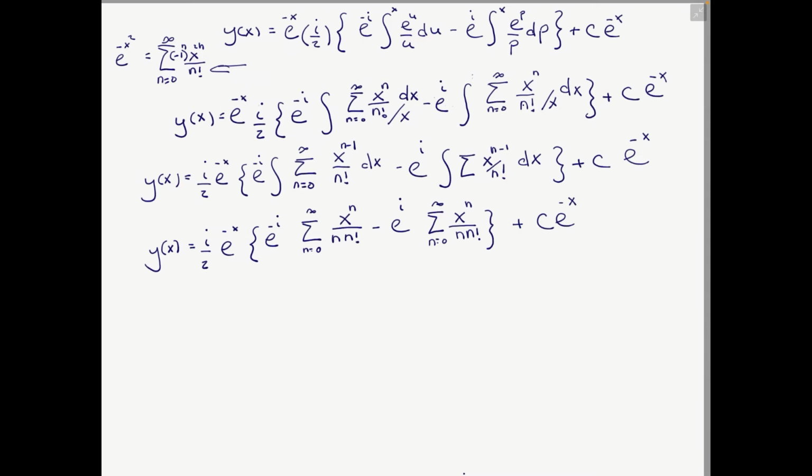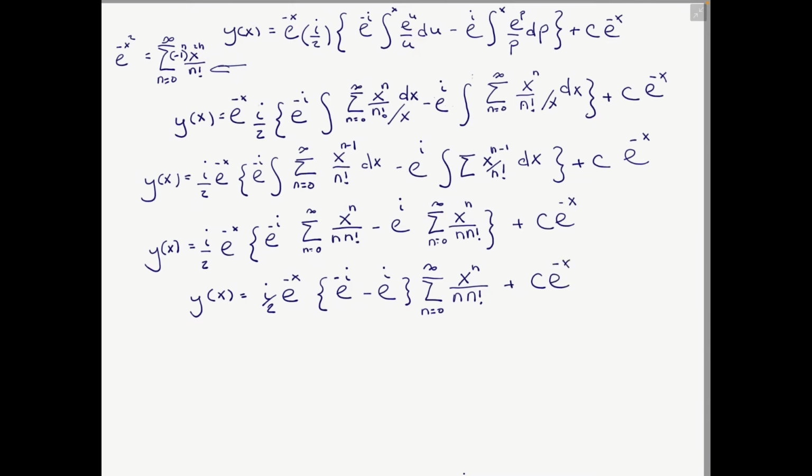We can reduce this down. We can go y of x equals i on 2 e to the minus x, and we can say e to the minus i minus e to the i times the sum n equals 0 to infinity of x to the n on n factorial, plus c e to the minus x.